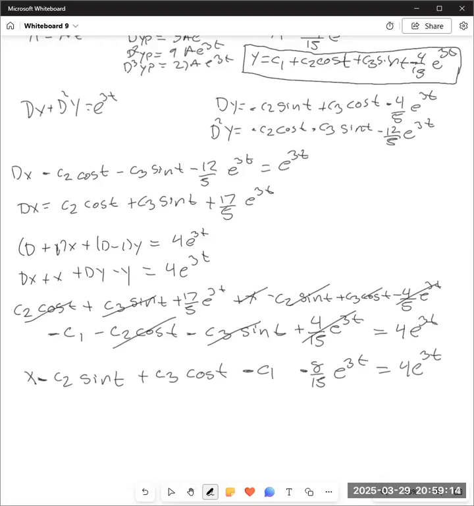So x is equal to c1 plus c2 sine of t minus c3 cosine of t, and then multiply by 15 over 15 here, is 60 over 15, plus 8 is 68 over 15 e to the 3t.